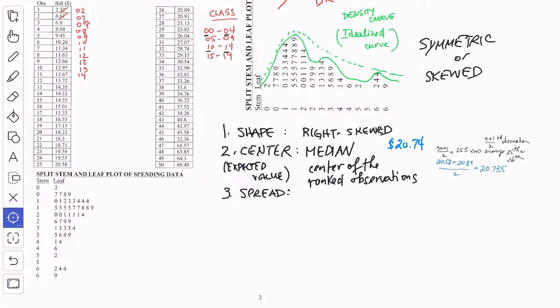Actually, there's 3 modes here. But okay, in this shape, 20.74 is in here. Okay, so it's a little bit to the right, as I explained. It's not exactly going to be here, and the mean should be closer away from it. Actually, if you calculate the mean, you can see it's going to be different from 20.74.